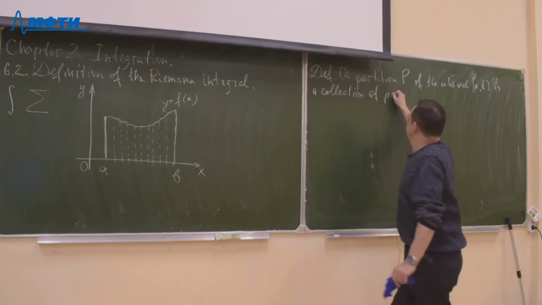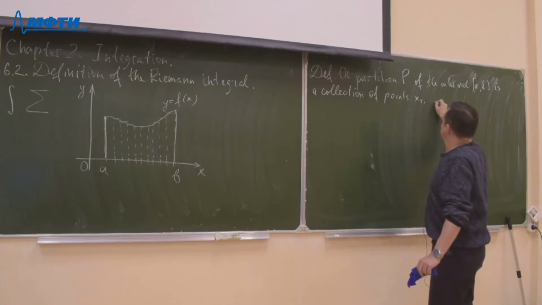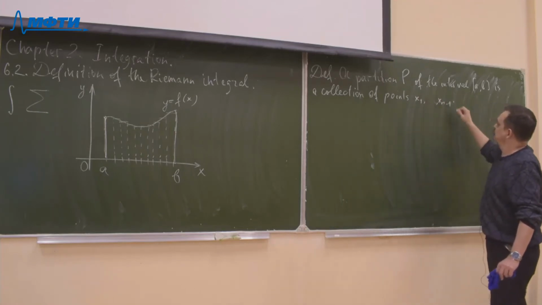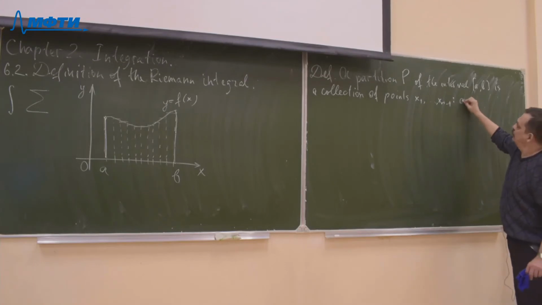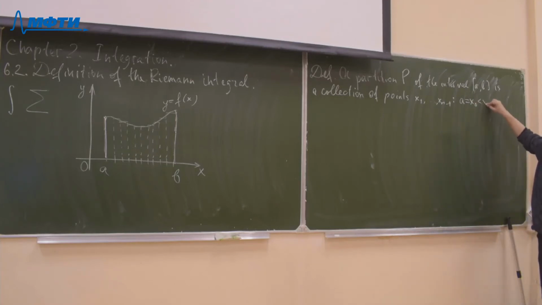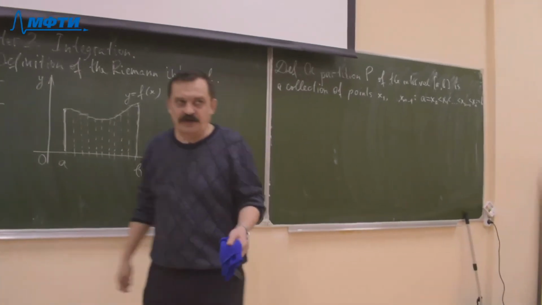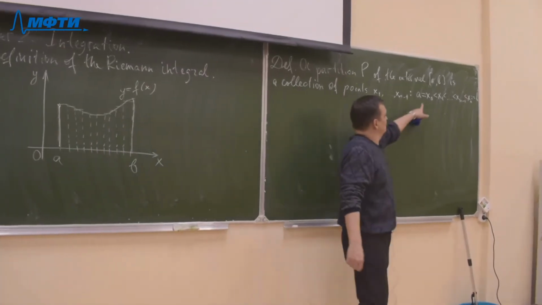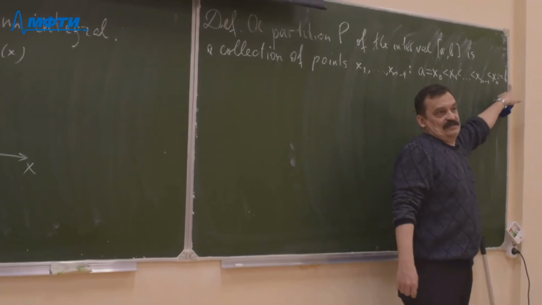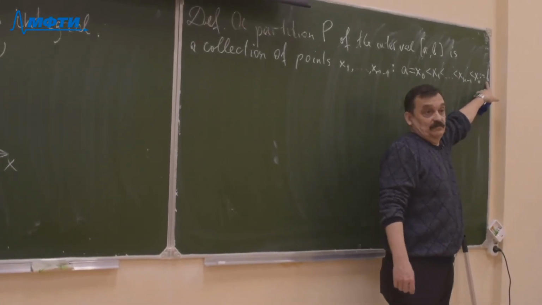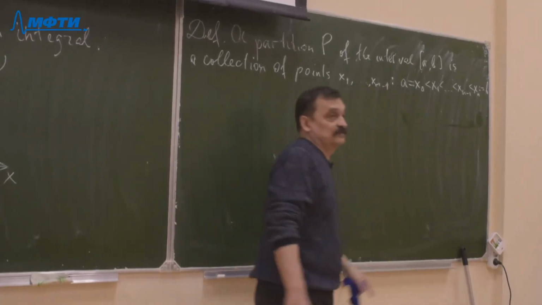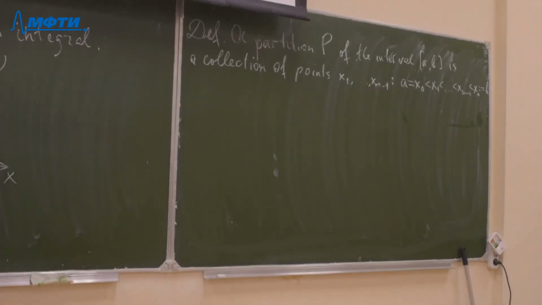of points x1 up to xn minus 1 such that A equals x naught, by definition, x naught is less than x1, and so on, less than xn minus 1, less than xn, which by definition is B. So you see, the very first point x naught is A, the very last xn is B. Other points are chosen arbitrarily, like on our picture.